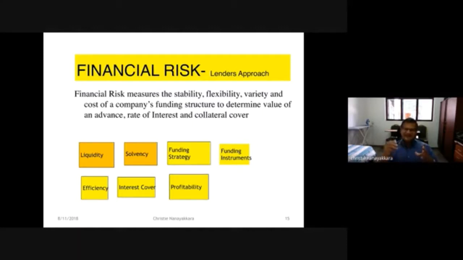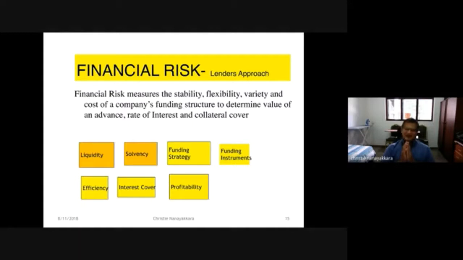We call it interest cover. When we look at profitability, you need profits to pay back. We told you when repayment comes, we give first priority to cash flow and profits. So a very important analysis of financial risk is to make sure whether the customer is making money. So profitability is very important.